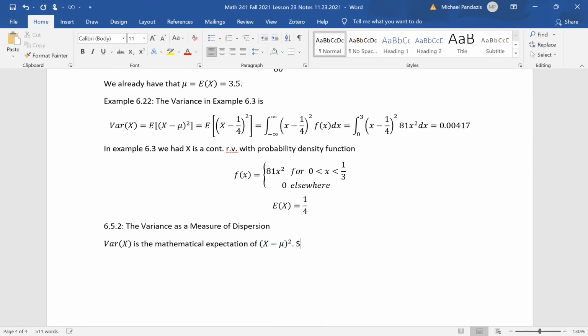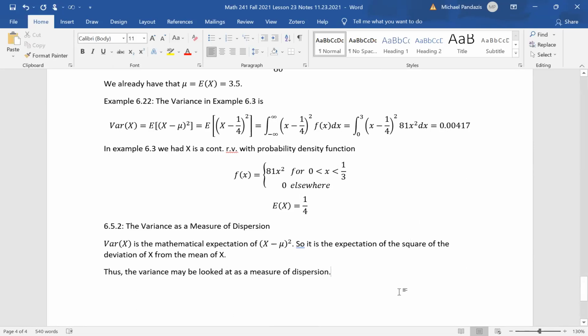So it is the expectation of the square of the deviation of X from the mean of X. Thus, the variance may be looked at as a measure of dispersion.